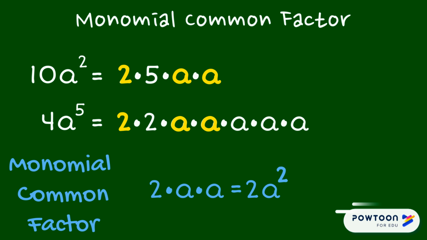Notice that in this example, the monomial common factor is the GCF of 10 and 4, followed by the variable a raised to the second power, that is, the smallest exponent of a on both terms.